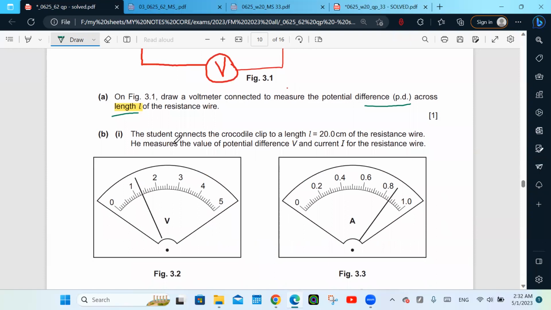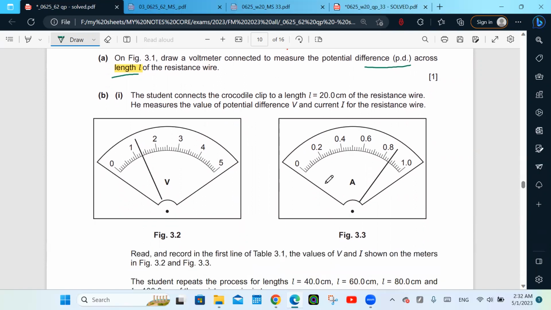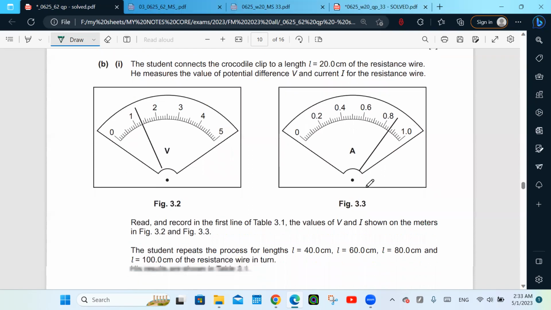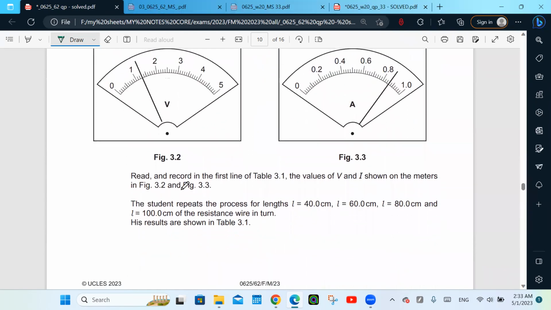Question B: the student connects the crocodile clip and measures the volts and the current from the voltmeter and the ammeter, as you see in this question, and records the numbers in the table.